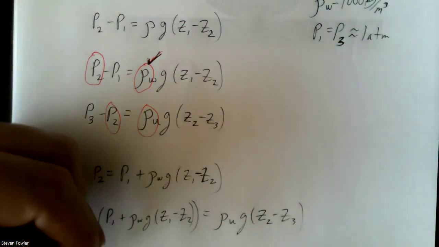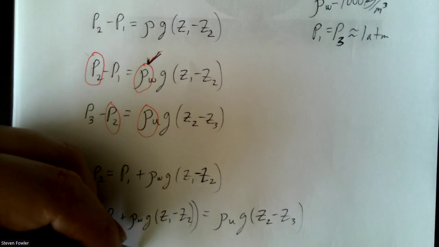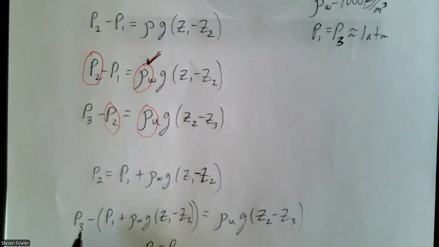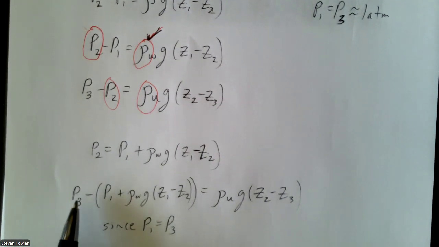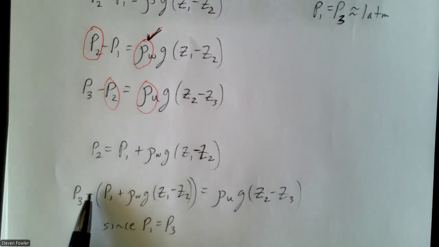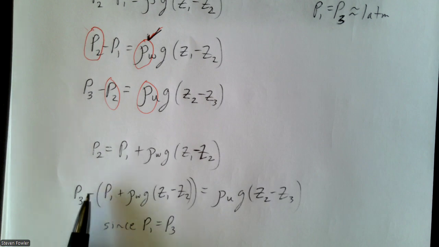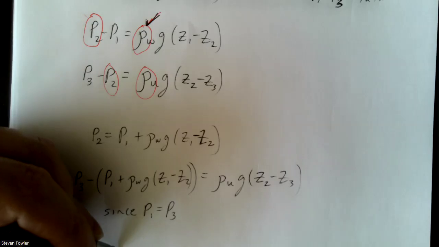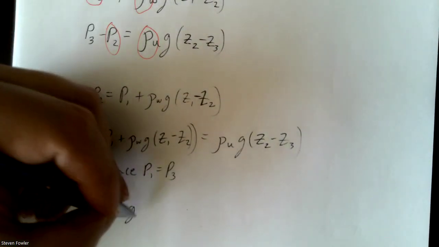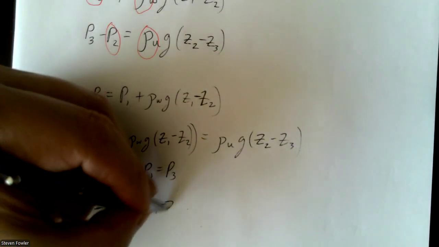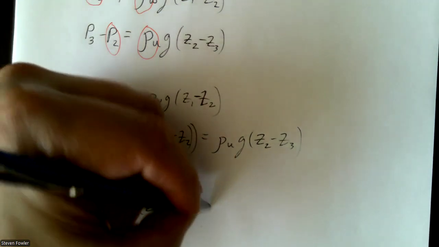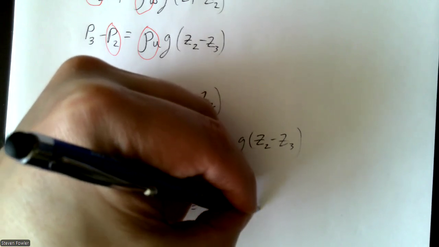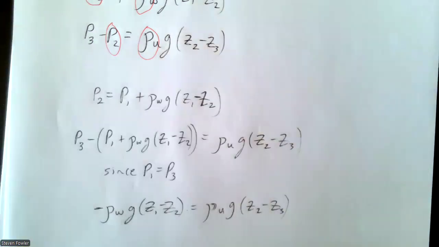Since P1 is equal to P3, these are going to go away. But I do need to distribute this negative sign, so I've got negative times this and negative times that. It's going to be minus the density of water times gravity times Z1 minus Z2 is equal to the unknown density times gravity times Z2 minus Z3.